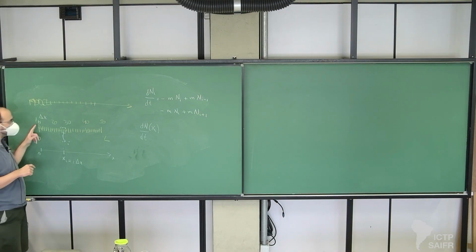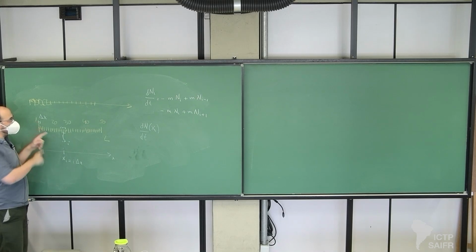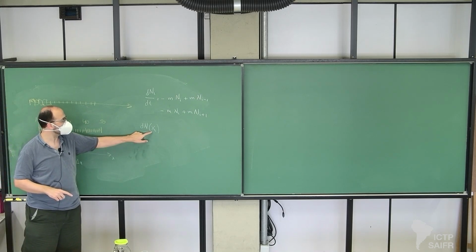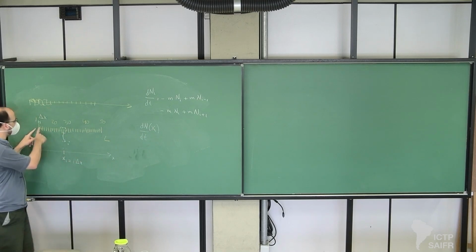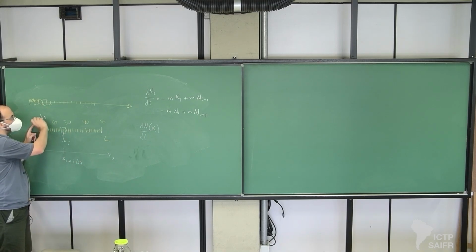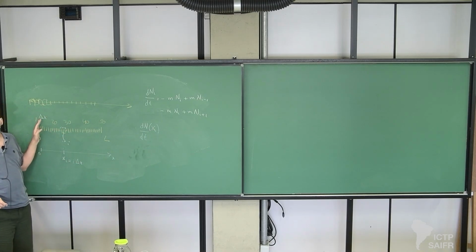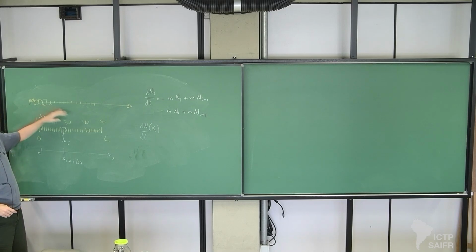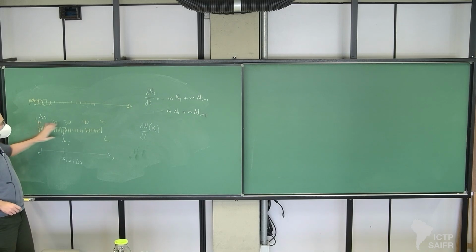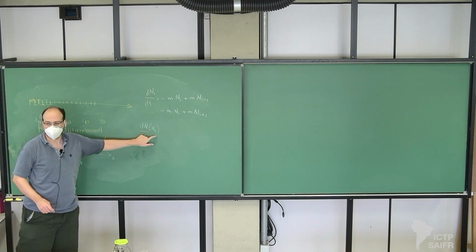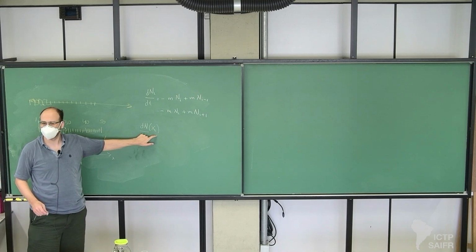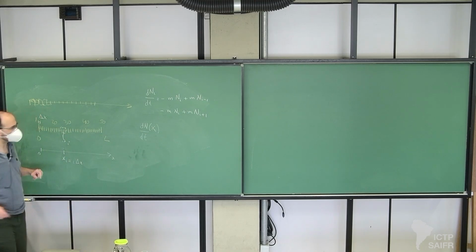I'm going to treat n of x no longer as a set of values, but as a function of x. I'm going to represent this as a density, pretending that I didn't have discrete patches, and that n is actually a function of x. Does that make sense? Okay, so let's see if we can make this work.